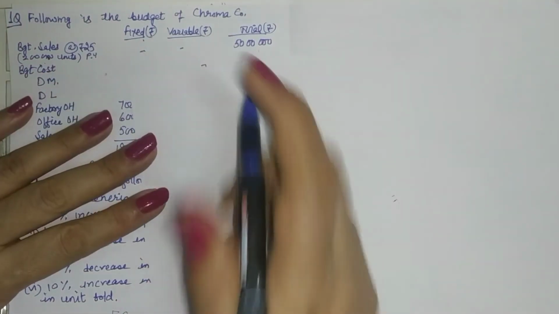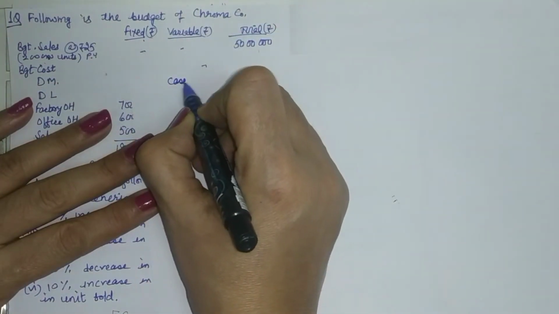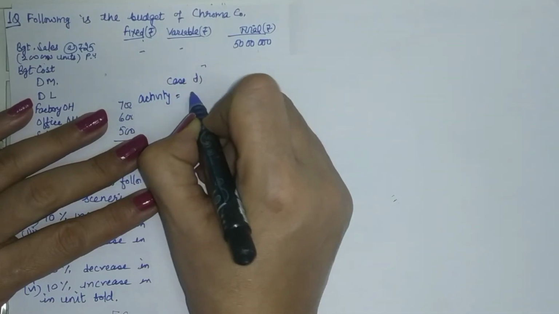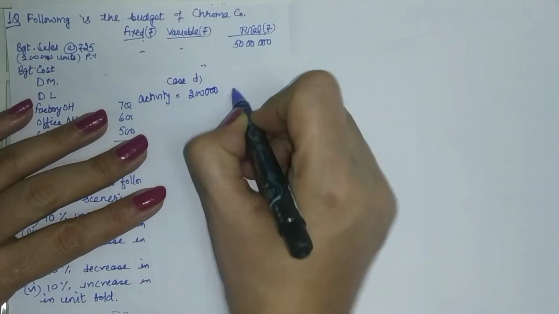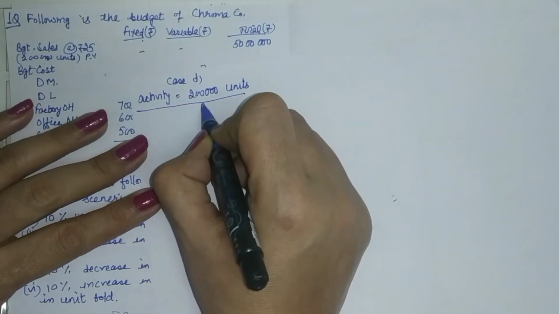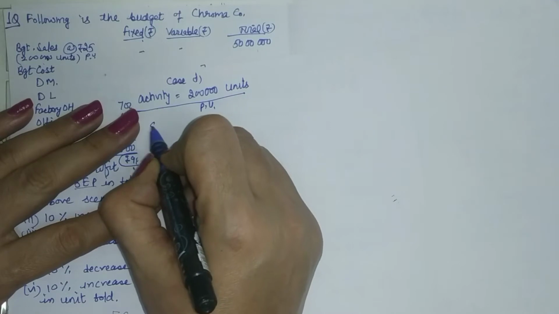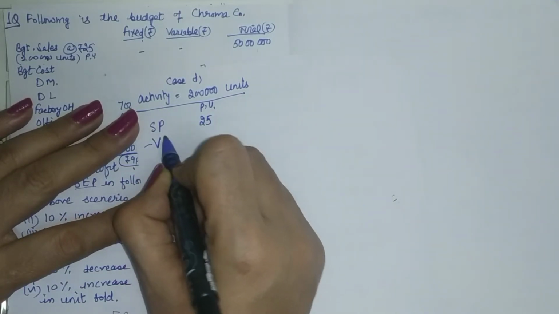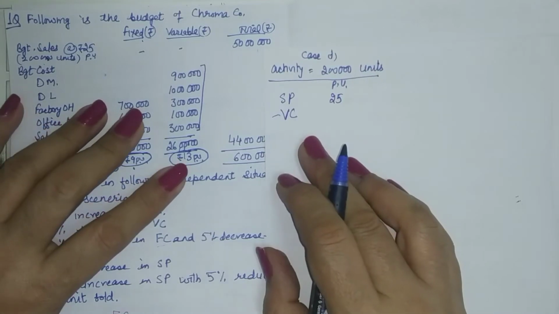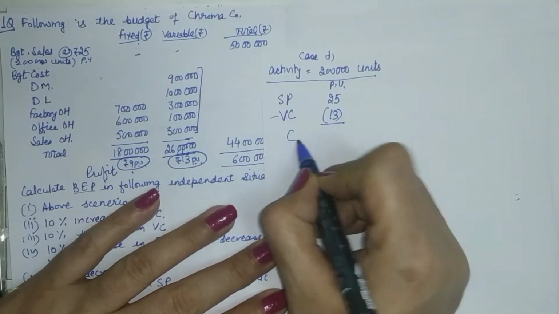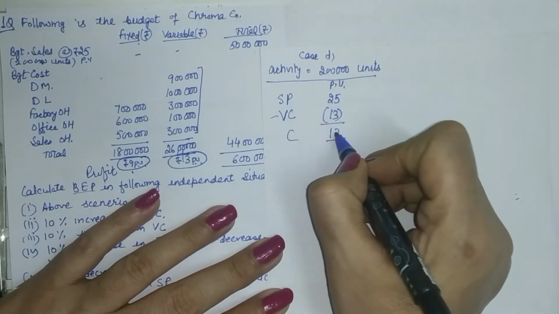So in our case scenario 1, when our activity level is 2 lakh units, our cost sheet based on per unit information. Selling price is 25 rupees less variable cost, which we have calculated as 13 rupees per unit. So we are left with contribution of 12 rupees per unit.